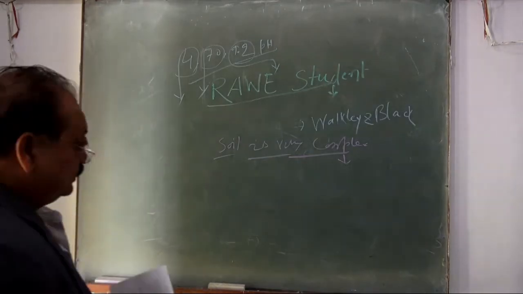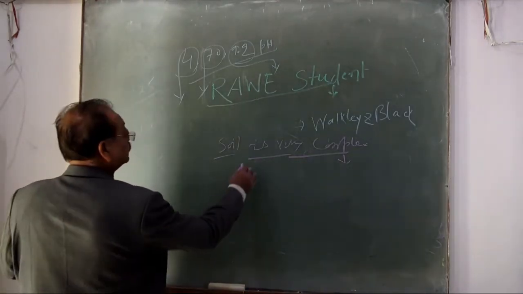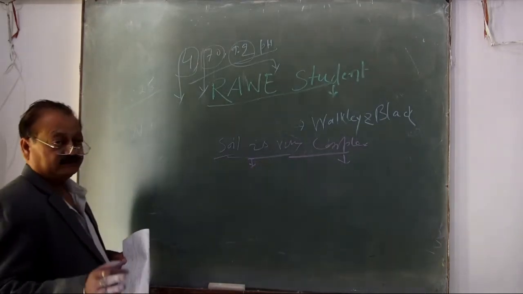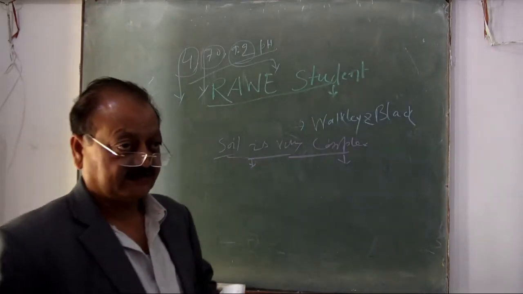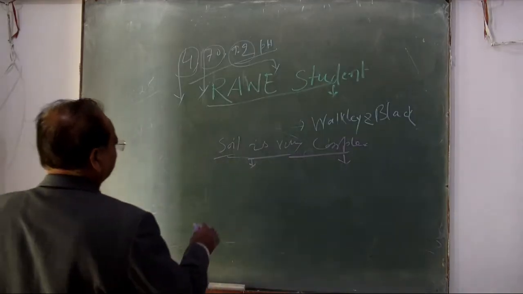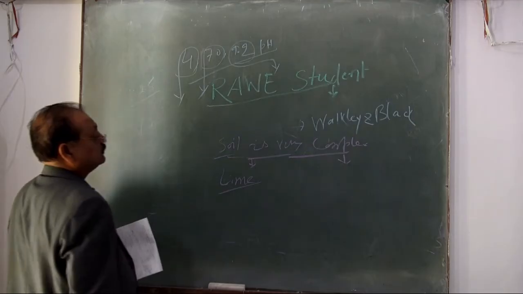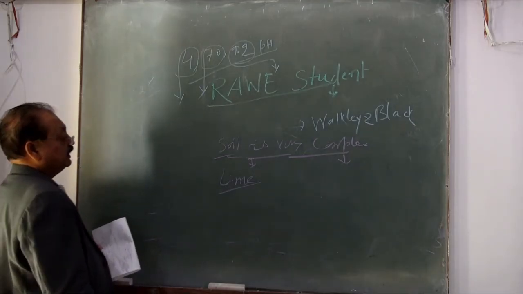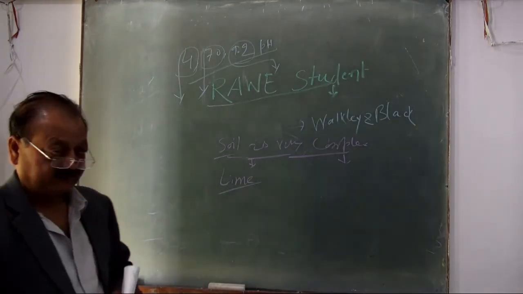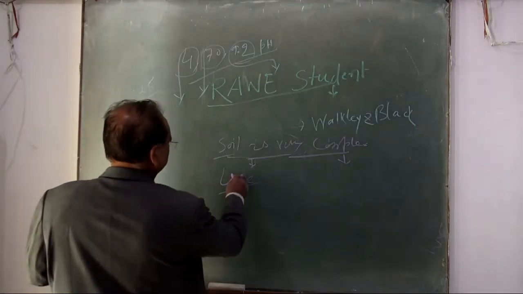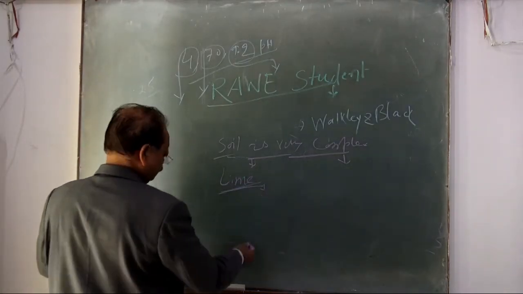If the pH is acidic in nature, then you have to go for lime application. Generally, Jharkhand soil pH is acidic in nature, so lime is recommended to the farmers.